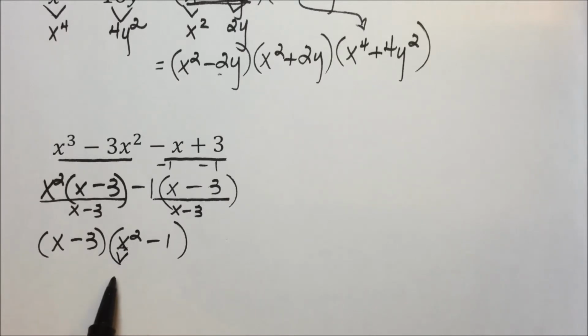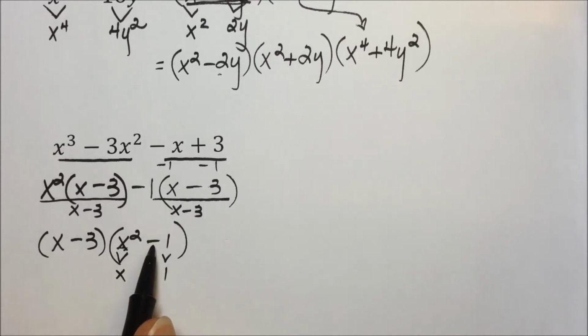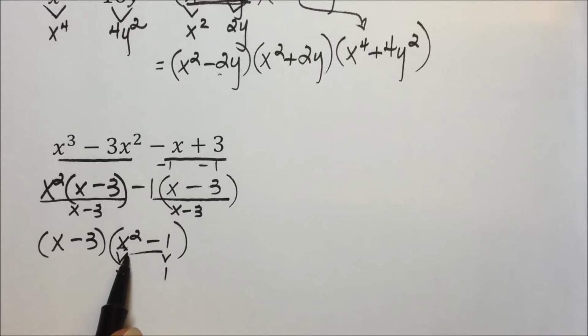X squared, square root is x, 1 times 1 is 1, it's a perfect square, and we have a difference. This second binomial can be broken down further into conjugate pairs.